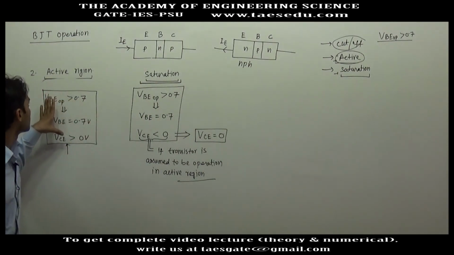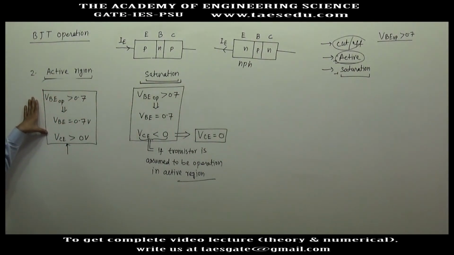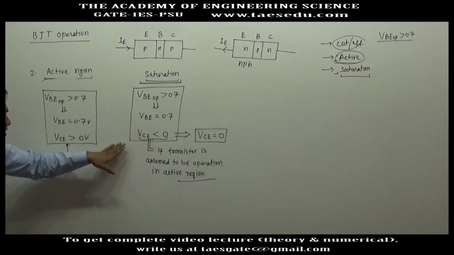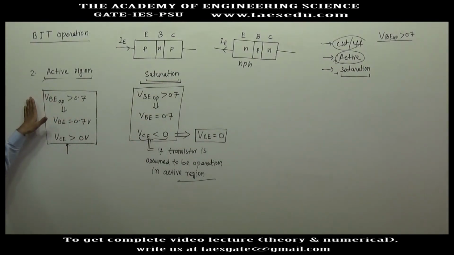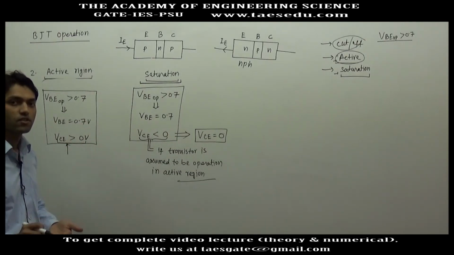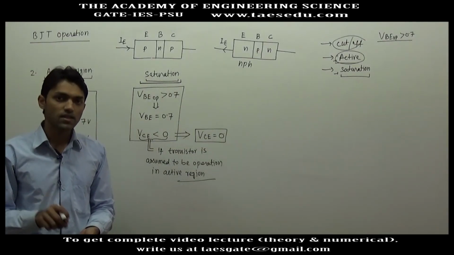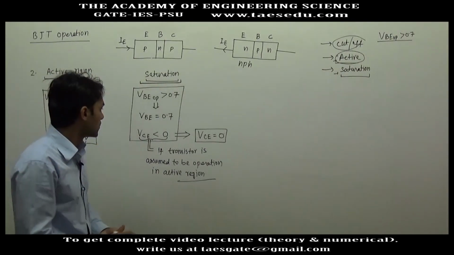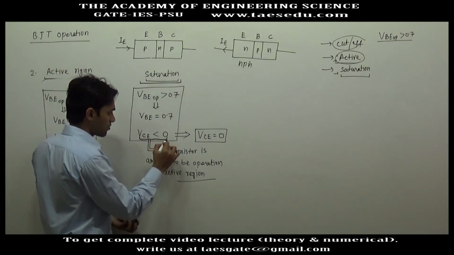You will first check for active region, and if the transistor is not operating in active region, you will always get VCE as less than 0. You will apply all the conditions of active region. If the transistor operates in active region, you will get VCE greater than 0 volt. But if you have assumed the transistor is in active region but the actual operation is in saturation region, then you will get the wrong result.